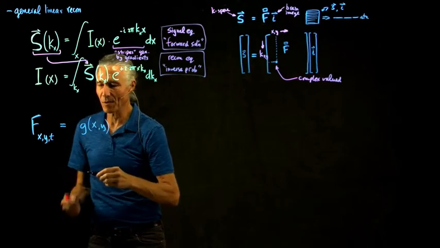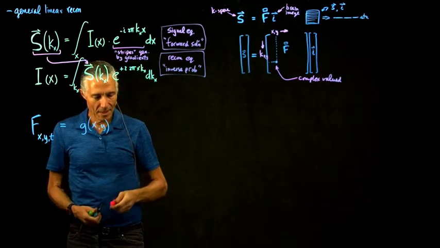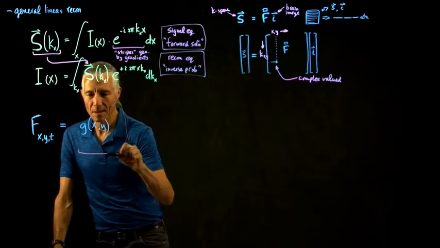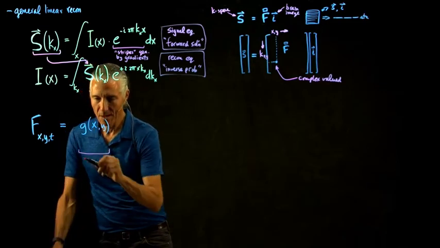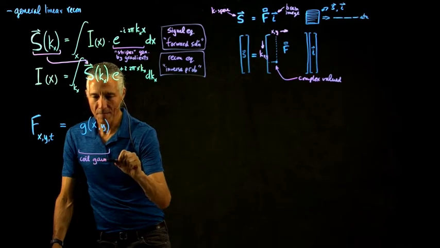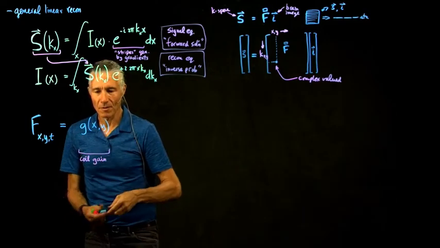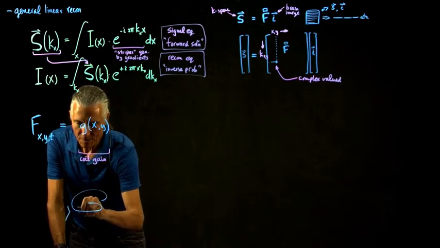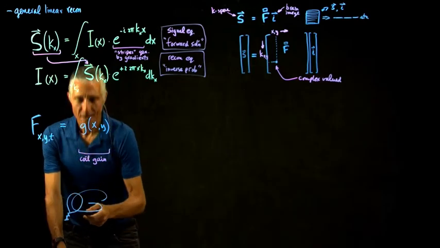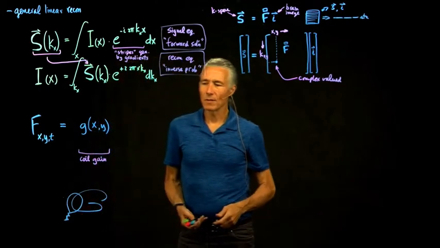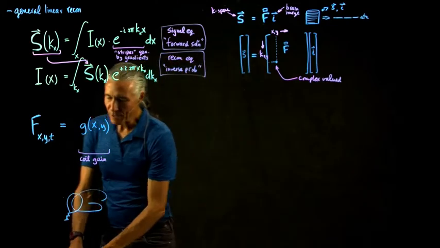So what is that coil gain? You've got the brain here, and then there's a coil somewhere over here like that, and it's going to be brighter where the coil is. So how could you measure that?